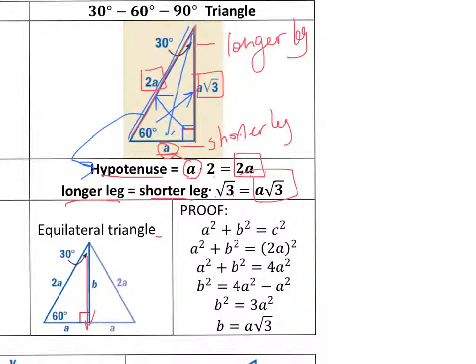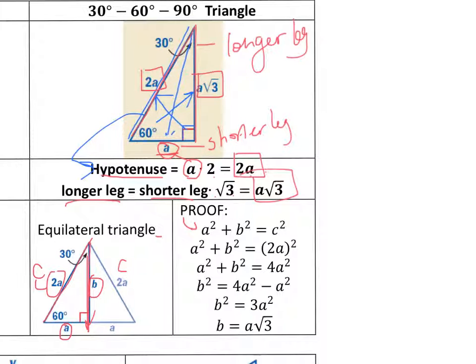So here we have a squared plus b squared equals c squared. This is the Pythagorean theorem again. I know that 2a will be my c here because the shorter leg is a, the longer leg is b, and 2a would obviously be my c.